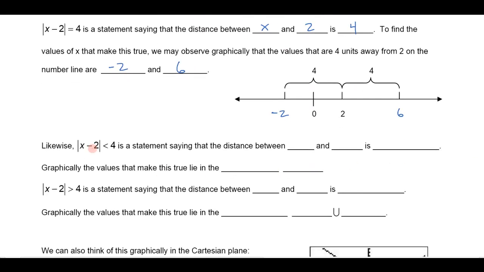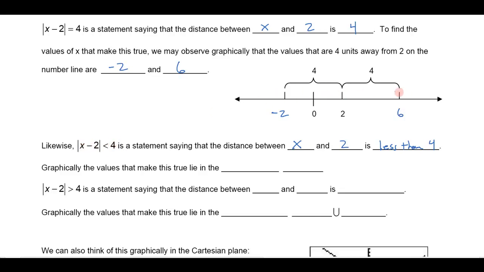All right, so in the same way, if I said the absolute value of x minus 2 is less than 4, this is a statement saying that the distance between x and 2 is less than 4 units away. So in other words, if you're solving this for x, you're looking for those x values whose distance from 2 is smaller than 4 units away.